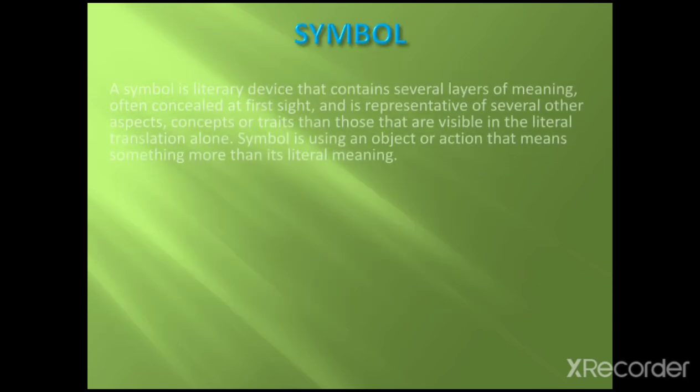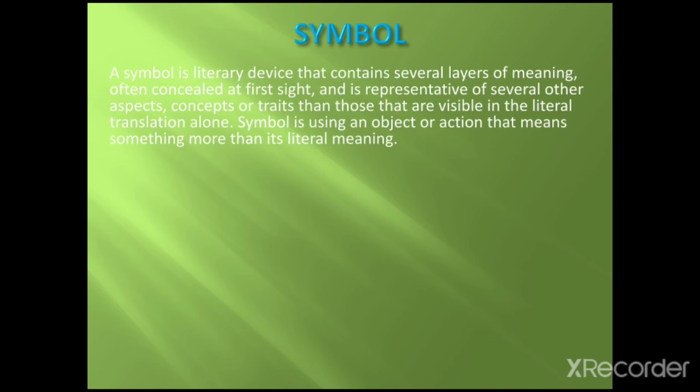Symbol. A symbol is a literary device that contains several layers of meaning, often concealed at first sight, and is representative of several other aspects, concepts or traits than those that are visible in the literal translation alone.